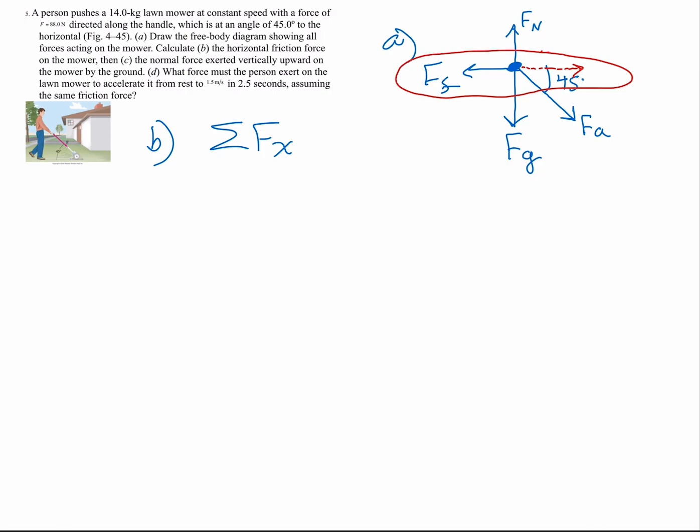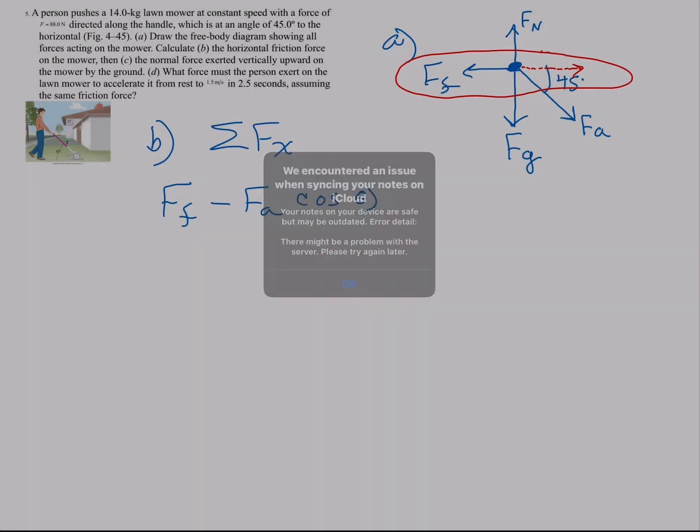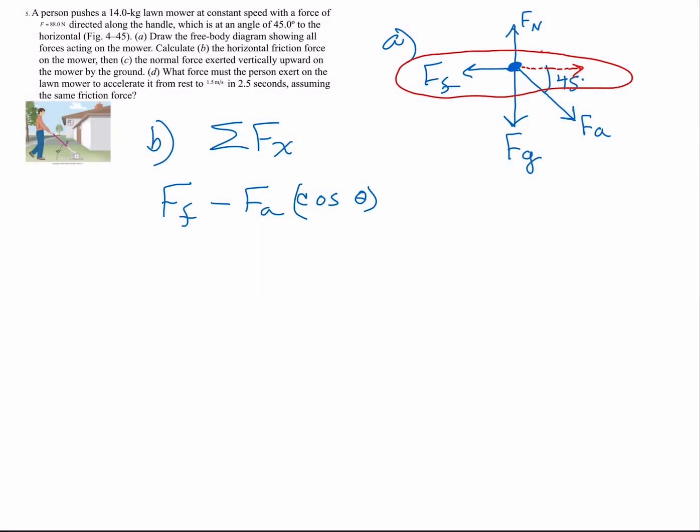So I'm going to first write my statement showing you the forces acting in this direction. So force of friction minus this applied force in the x direction. And the way we make something the horizontal direction is we multiply it by the cosine of the angle that it's acting in. And then this all equals ma. This is my net force statement.